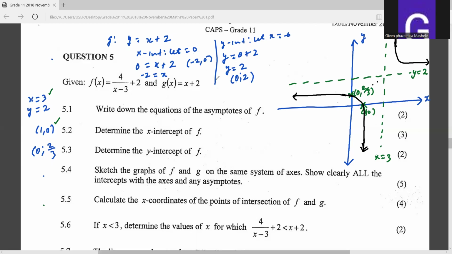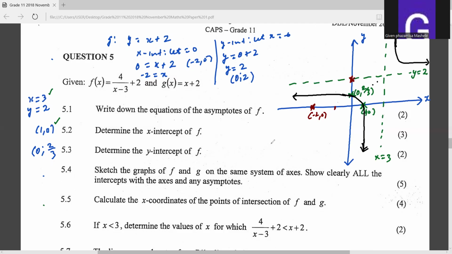With the G, the x-intercept is -2, and let's assume it is somewhere here. -2 and 0 means the graph passes here. Then the y-intercept will be here, 0 and 2.